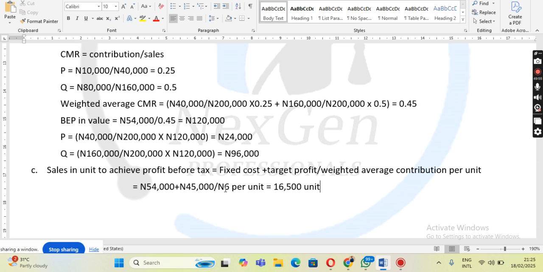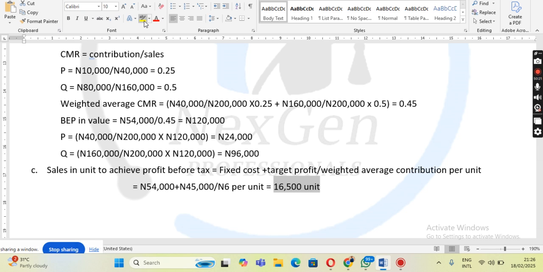I will not use 16,500 naira per unit. Do you know why? Naira has already cancelled naira here. When you add these two together and divide by 6 naira, naira cancels naira, and you have only units. You are looking for units, so this is the sales in units for the total.